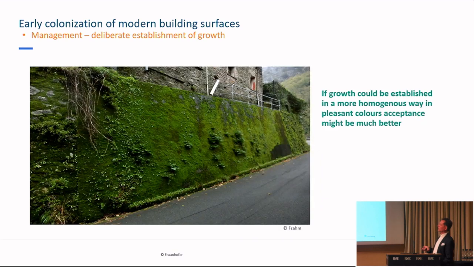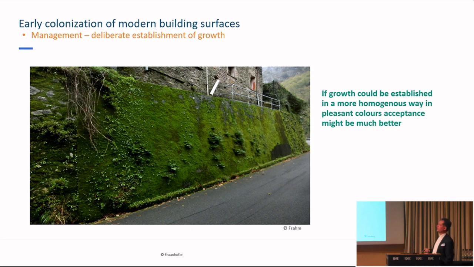So the acceptance is low. If we could achieve nicer colors, like here on a wall in Switzerland, I think, and a more homogeneous growth, then perhaps the acceptance would be much better. And also these small things have some impact on the ecosystem services.